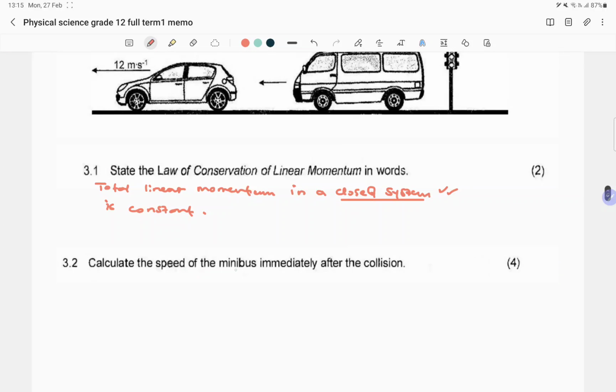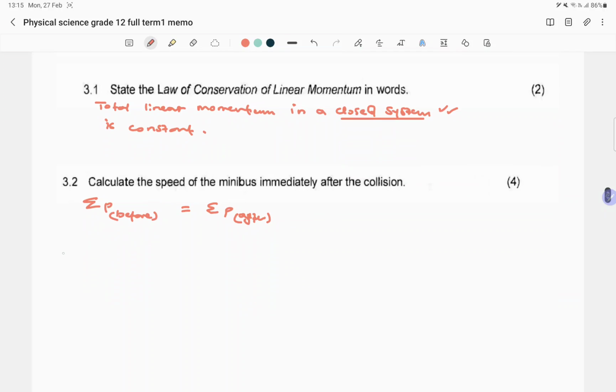Calculate the speed of the minibus immediately after the collision. Easy, we're using conservation of linear momentum. So we know that total momentum before is equal to the total linear momentum after the collision. Now what do we do here?